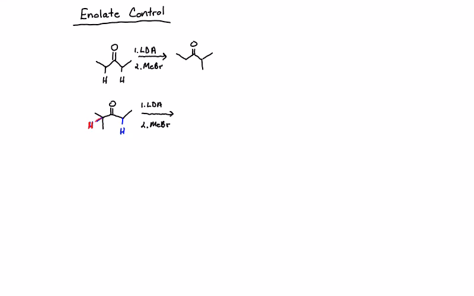Okay, so there are two possible enolates that could be produced. If we were to remove the red proton, this is the enolate that we would make. Or if we were to remove the blue proton, this is the enolate that we would have made.